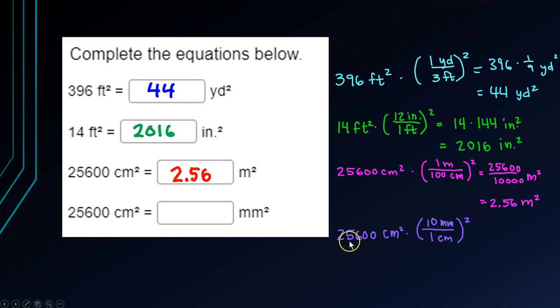So when I do the conversion, I'm going to have 10 millimeters on top for every centimeter, but I'm going to square that conversion in order to have millimeters squared and centimeters squared involved in this calculation. And so as a result, I'm going to have 25,600 times 100, which is going to give me 2,560,000 square millimeters.